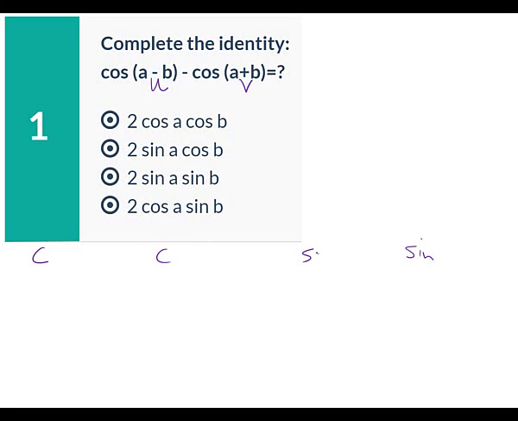Everybody can remember Robert doing that now, okay? All right, with cosine, do I keep the operational symbol or do I change it? Change it, and then we're going to plop in the u and the v. So u was a minus b, and v was a plus b, okay? And then u is a minus b, and v is a plus b.